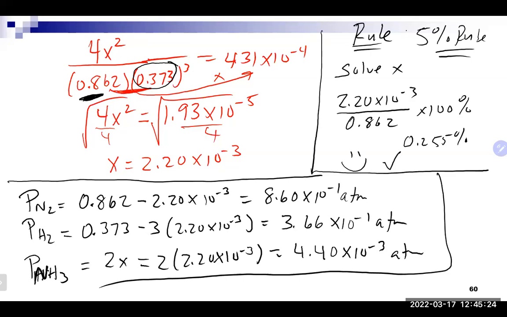Any questions on that? Again, we should be good if we throw it back in and check it. Gives us, yep, about 4.6, somewhere in that ballpark. Any questions on that particular one there?